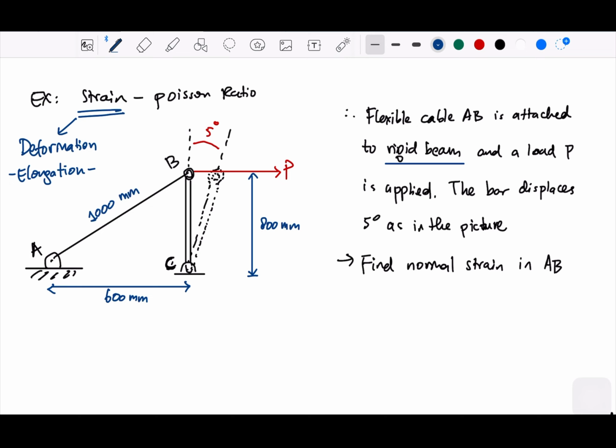So if this is the cable, and this is the final position, let's take a line from this, and this is the new triangle. Look at the new triangle. Can we find something from the new triangle? Maybe the law of sine? Law of sine or cosine?